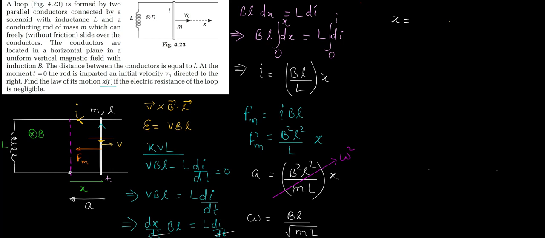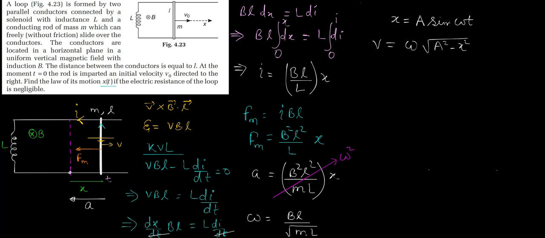The rod is at the mean position initially, so x is equal to A sine omega t, where capital A is the amplitude of this rod, which we don't know right now. We will find it out. How can we find the amplitude? Using this relation, velocity in SHM can be written as omega square root of A square minus x square.